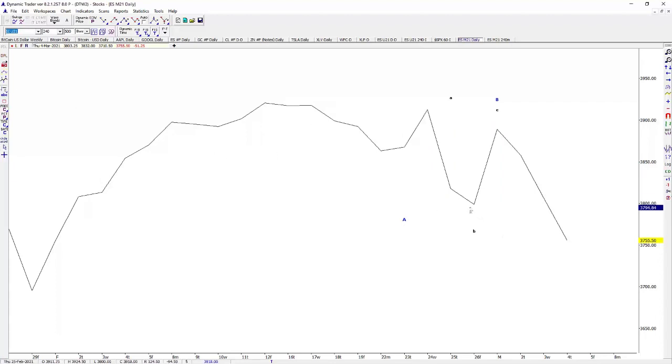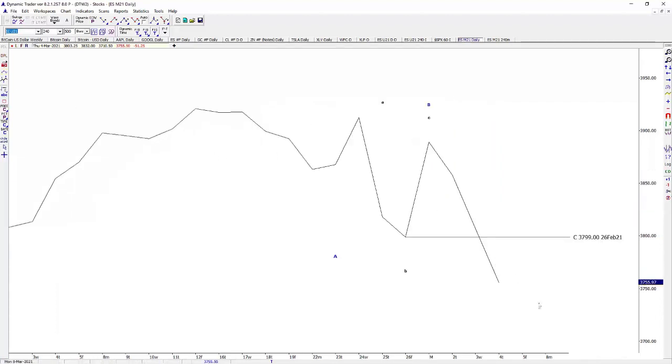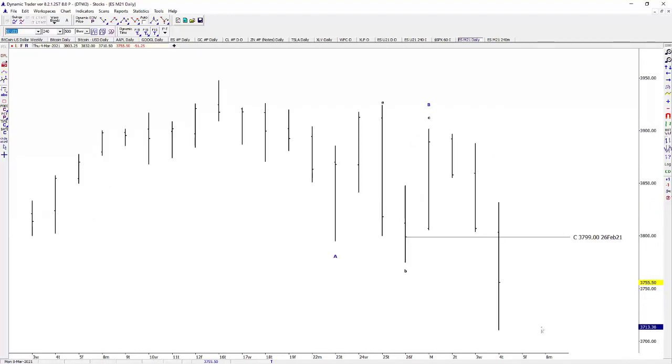So once again, if it makes that, it's a real high probability signal where we can develop a specific trade plan. Now, we had the signal back here, but a specific trade plan never manifested itself because it came down and it never went up and took out the high.